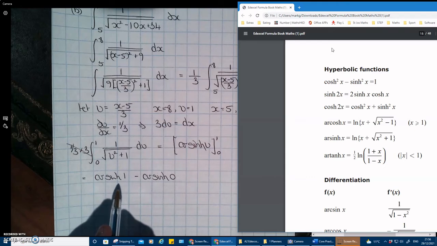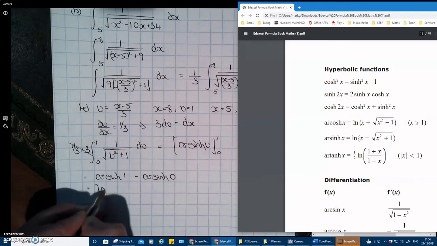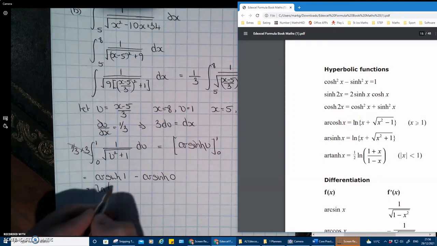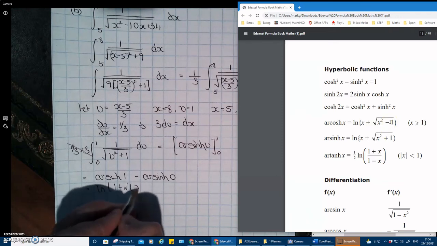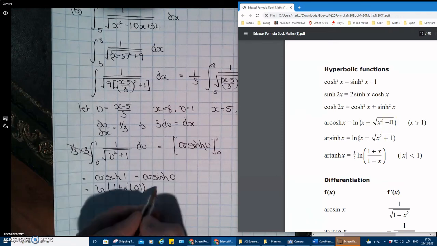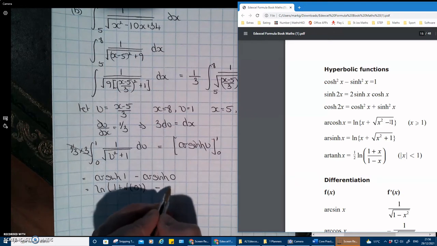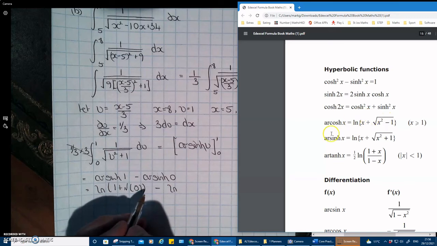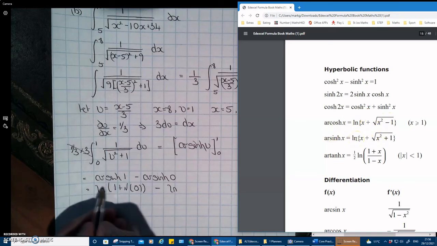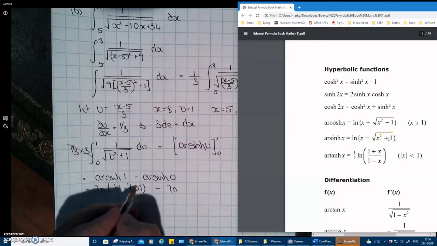So put 1 in place of x in here, and I get log of 1 plus root 1 squared take away 1, which is 0. Then I put 0 in, I get, oh sorry, I get arcsinh, apologies, I get log 1 plus root x squared plus 1, sorry, this is a plus here.